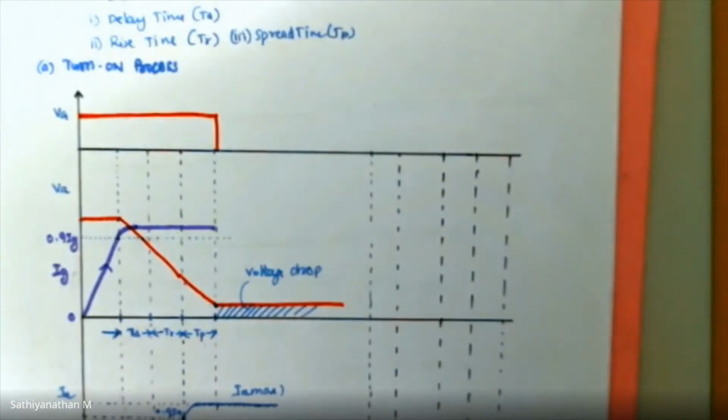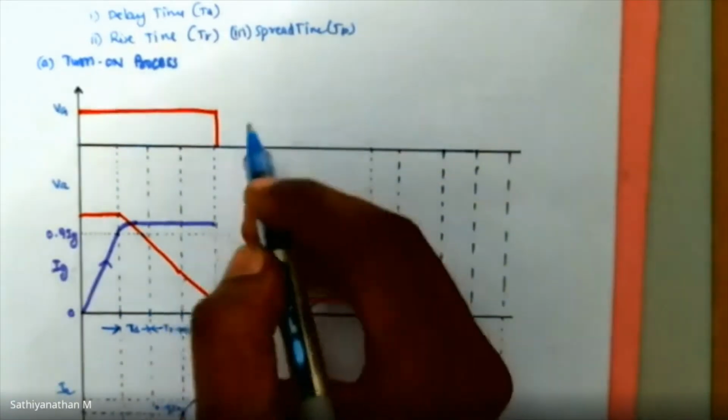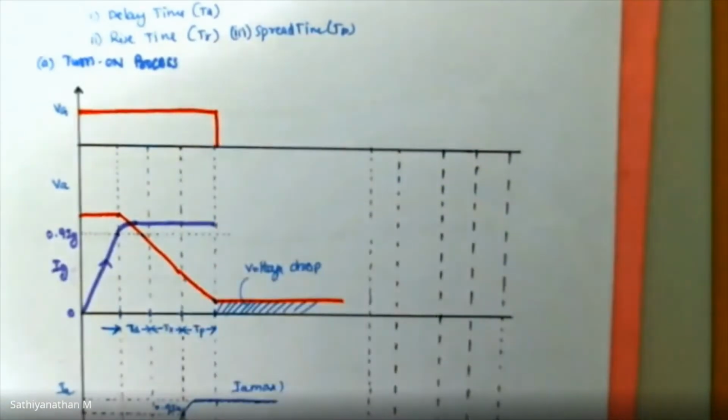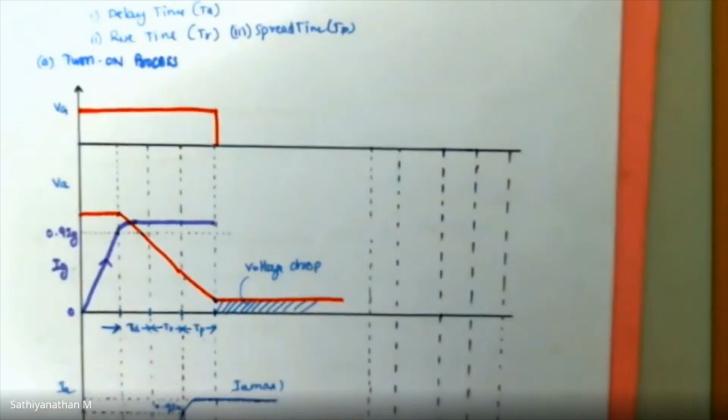As I said earlier, even if you remove the gate voltage from the device, the device will not turn off. You have to force the device to turn off. In such a case, you follow different methods. One is by reversing the supply polarity.